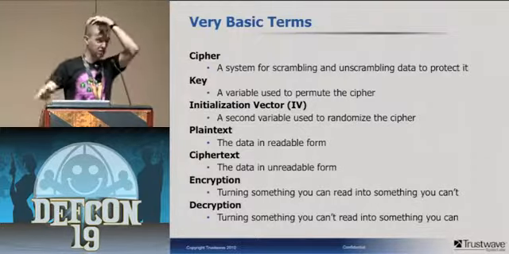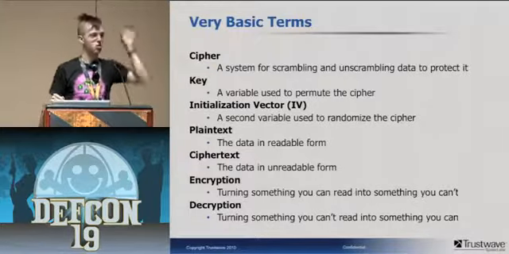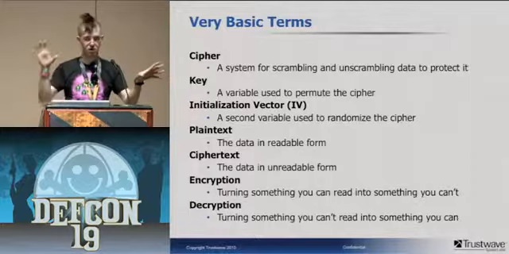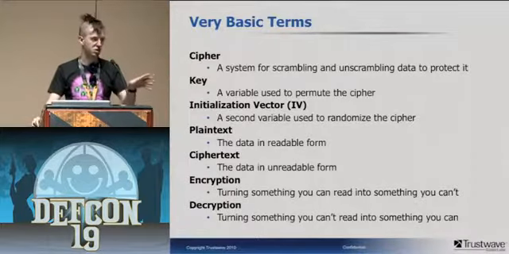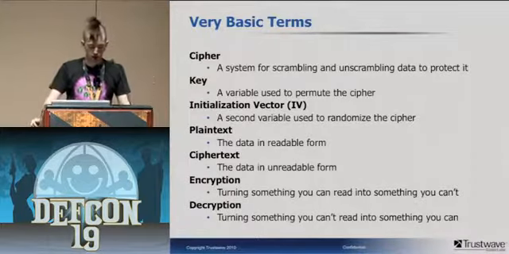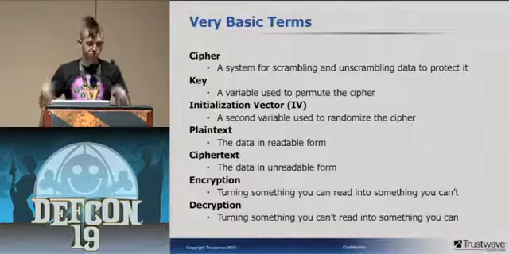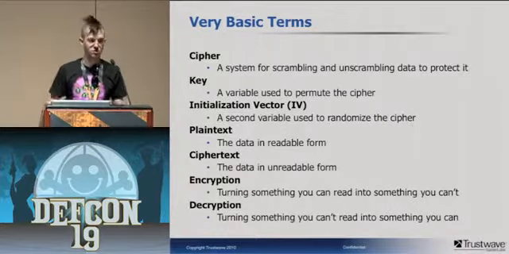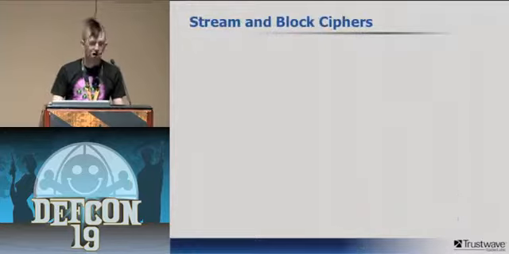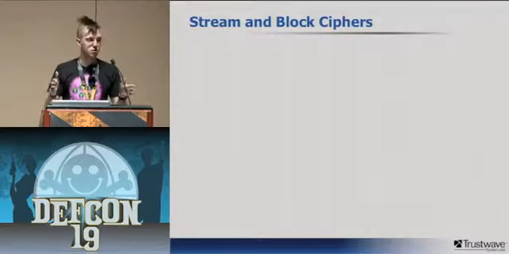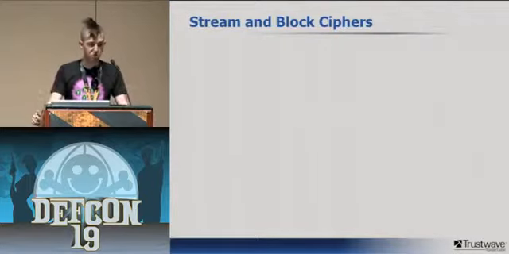Now, getting onto that term, plaintext and ciphertext are the unencrypted and encrypted versions of the message, the human readable and unreadable. And encryption and decryption are turning plaintext to ciphertext and vice versa. So we can split the set of ciphers into stream and block ciphers.